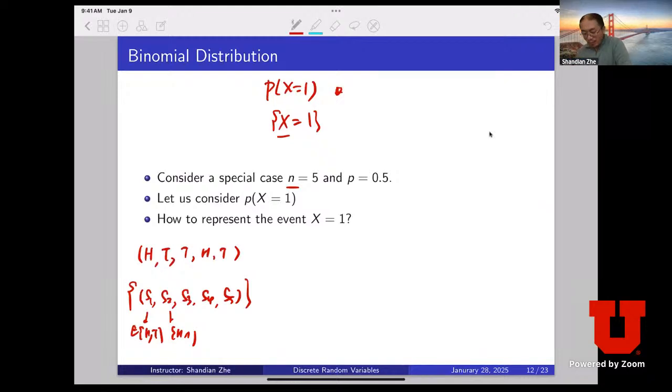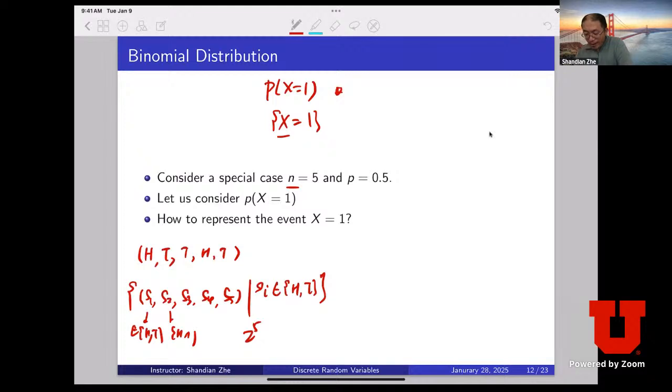So remember, you're going to enumerate all possible values of these five outcomes, S1 to S5. I'm going to use Si, which belongs to either heads or tails. So each outcome has 2 possible results, heads or tails. So you have 5, then the total number will be 2 to the power of 5, right? Does it make sense?